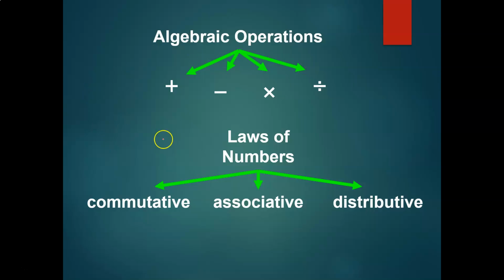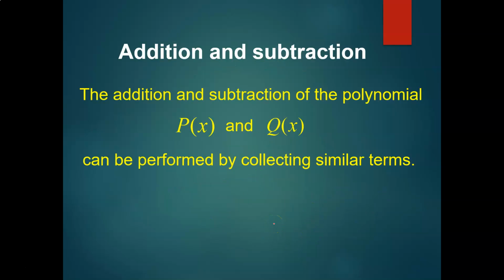We can perform all these algebraic operations on the polynomials just now. Of course we have laws of numbers like commutative, associative, distributive. Macam you dah belajar in the first chapter, right? Okay, kita tengok addition and subtraction. Macam mana kita perform addition, tambah dan tolak untuk polynomial.